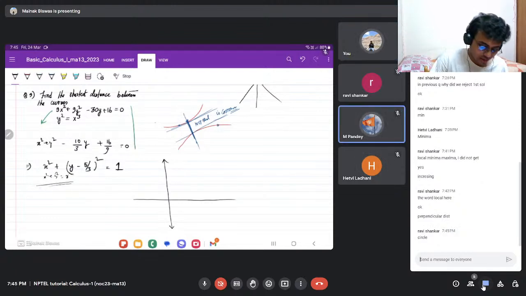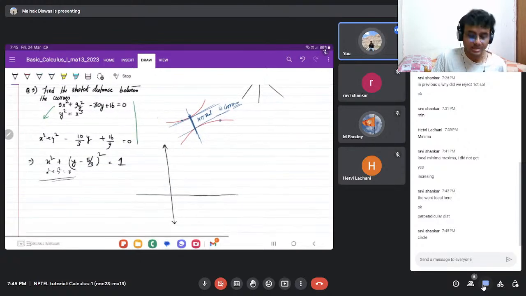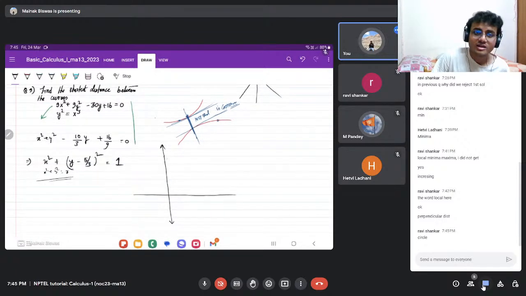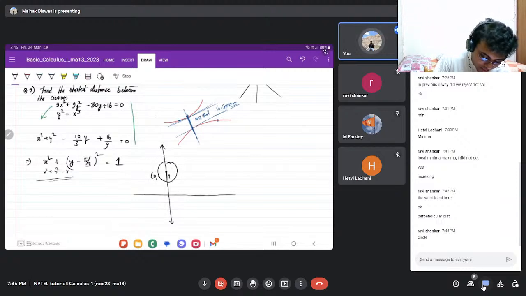Circle. Yes. So this is why you see the question becomes easy. For a circle, any line joining the center is a perpendicular, right? So you have 5 by 3 and 1, right? This is 0 comma 5 by 3. Agreed? This is the circle it will look like.